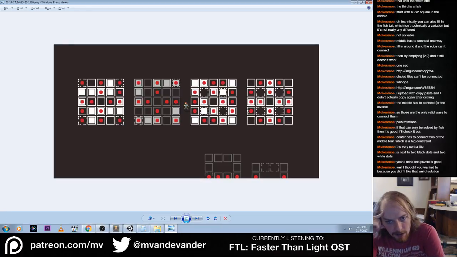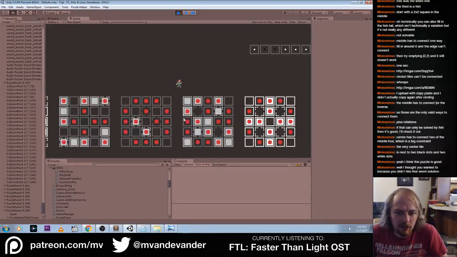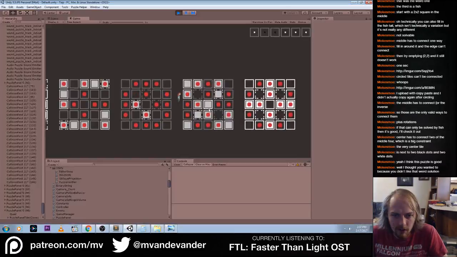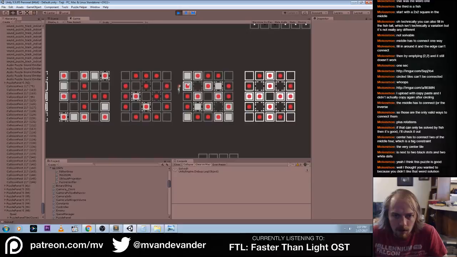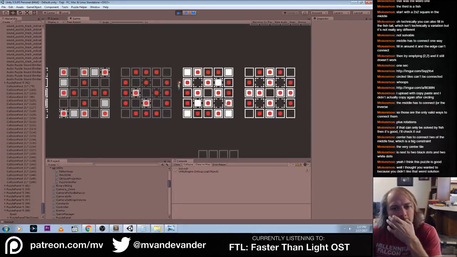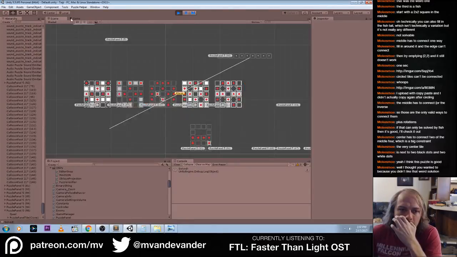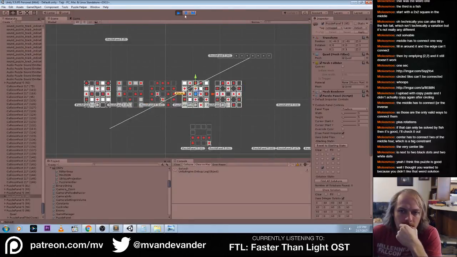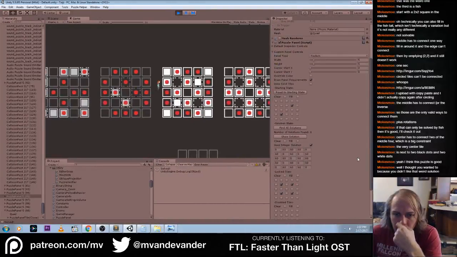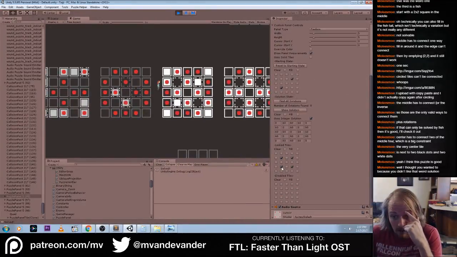So how can I do that? Let me try to find a variation on this guy that enforces this solution, but is not, like, degenerate. I feel like it should be possible to do that.